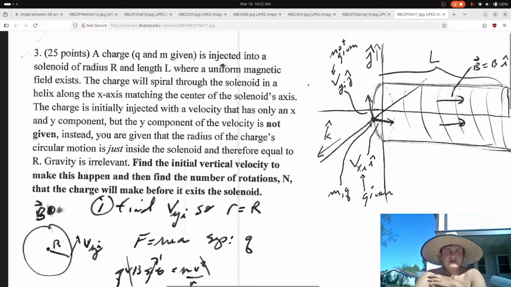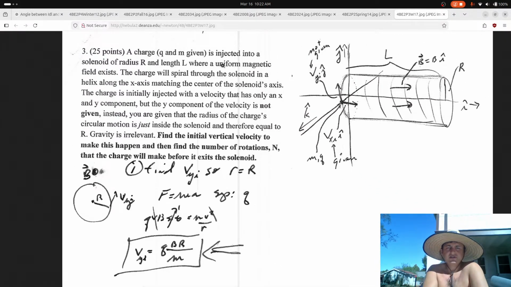Okay, let's see. A charge Q and mass M is injected into a solenoid of radius big R and length big L, where a uniform magnetic field exists. The charge will spiral through the solenoid in a helix along the x-axis, matching the center of the solenoid's axis. The charge is initially ejected with a velocity that only has an x and y component, but the y component of the velocity is not given.